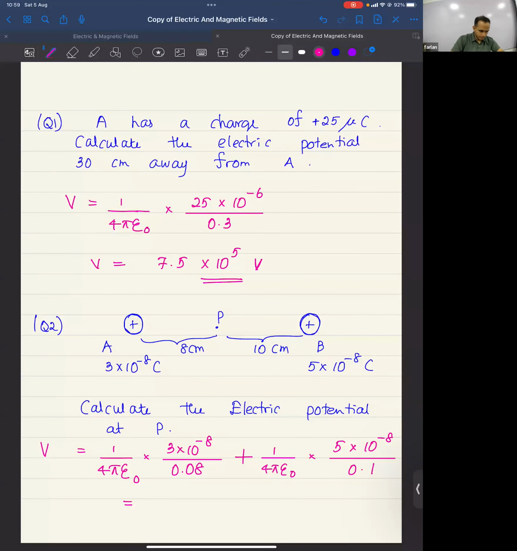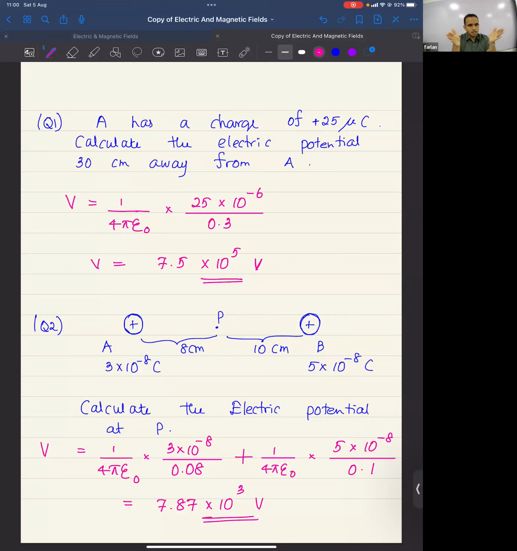What is the value? .87 into... Are you getting this answer? Right. For now, just take it.